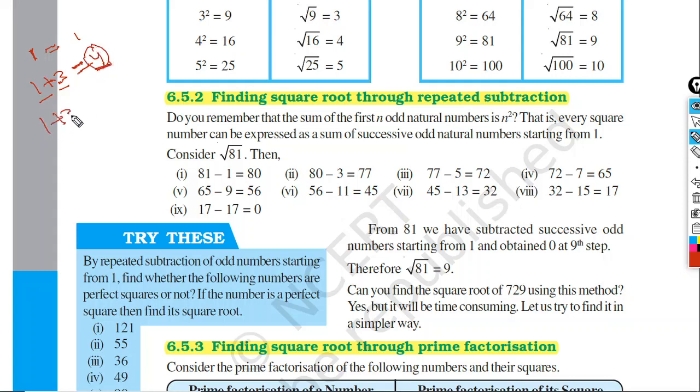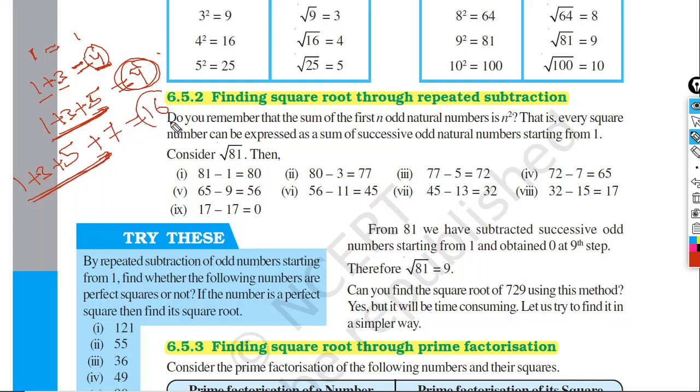Similarly 1 plus 3 plus 5, all consecutive odd numbers starting from 1, is equal to 9, a square number. Similarly 1 plus 3 plus 5 plus 7 is equal to 16, and you know that 16 is a square number.